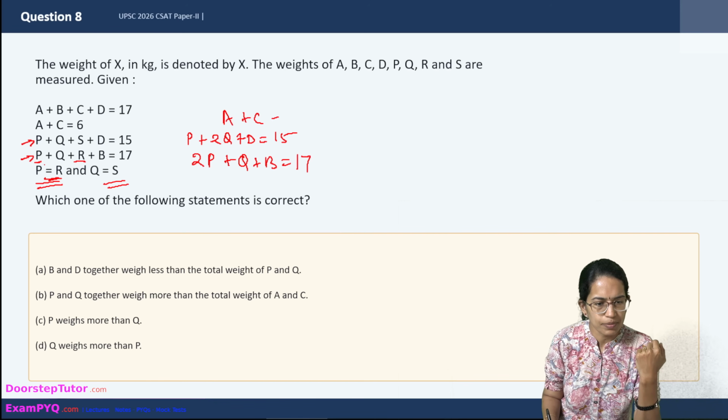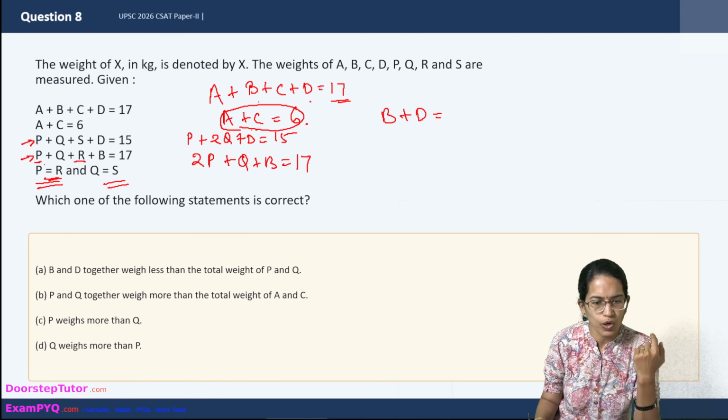Then I have A plus C is equal to 6, and A plus B plus C plus D is equal to 17. Now since A plus C is equal to 6, I can say B plus D is what? 17 minus 6, so it's 11.